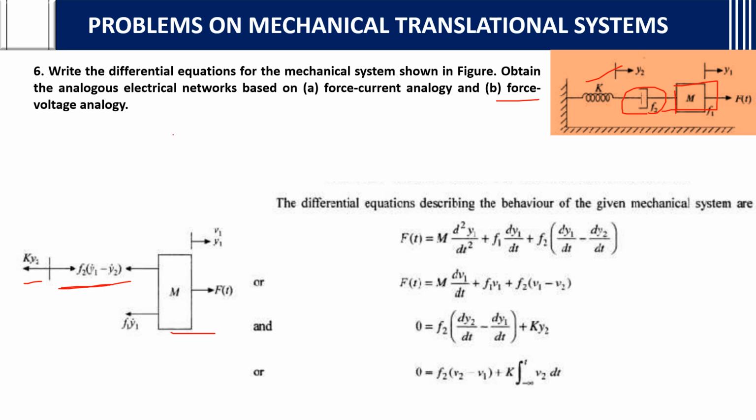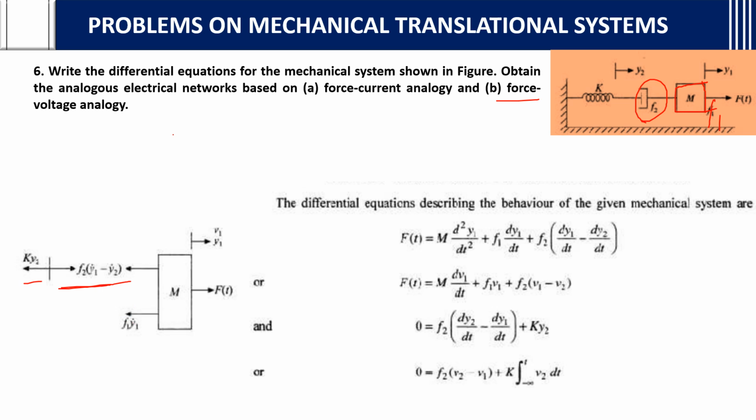One more thing you need to observe here is very important. Across the mass element, there may be no dashpot diagram given, but they have mentioned F1. So there is some dashpot force F1 present in that mass element, and we need to consider that also as F1 y1 dash.